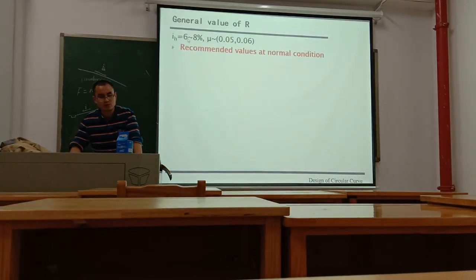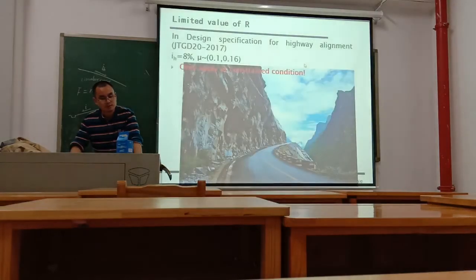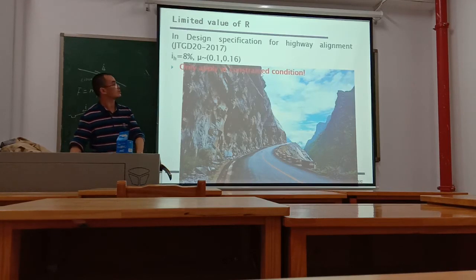IH is equal to 6 to 8%, mu is 0.05 to 0.06. Recommended values at normal condition. The other value is only applied at constrained condition.